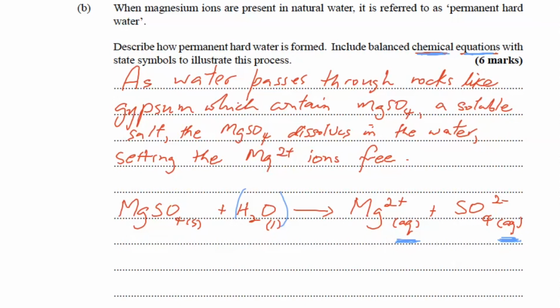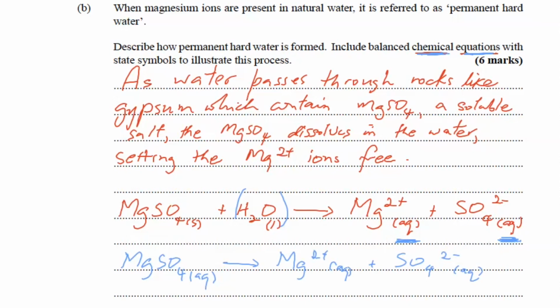They would also accept MgSO4, the aqueous magnesium sulfate, which would have been formed when what we have in the first equation happens. If we show that this gives us Mg2+ aqueous and SO4 2- aqueous, then they would accept that.